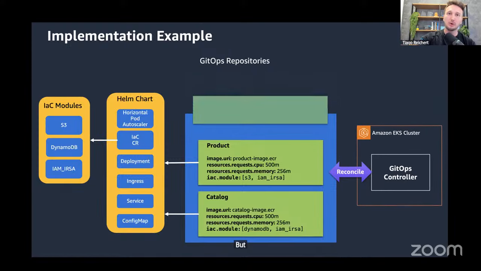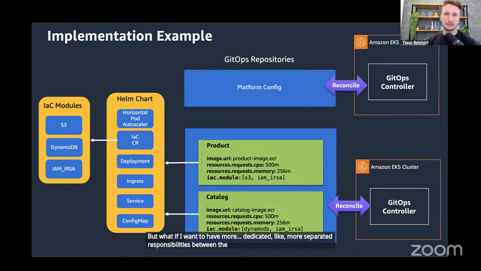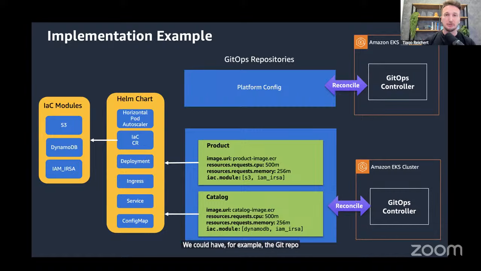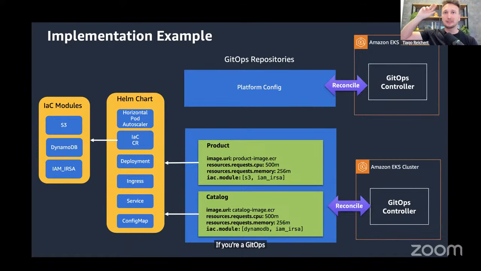But what if I want to have more dedicated, more separated responsibilities between the platform team and the business unit developers? We could have, for example, the Git repo for the platform team that has the add-ons that we just saw, and have that strategy that we talked about as well, about having a control plane cluster with your GitOps controller that the platform engineering team is responsible for.